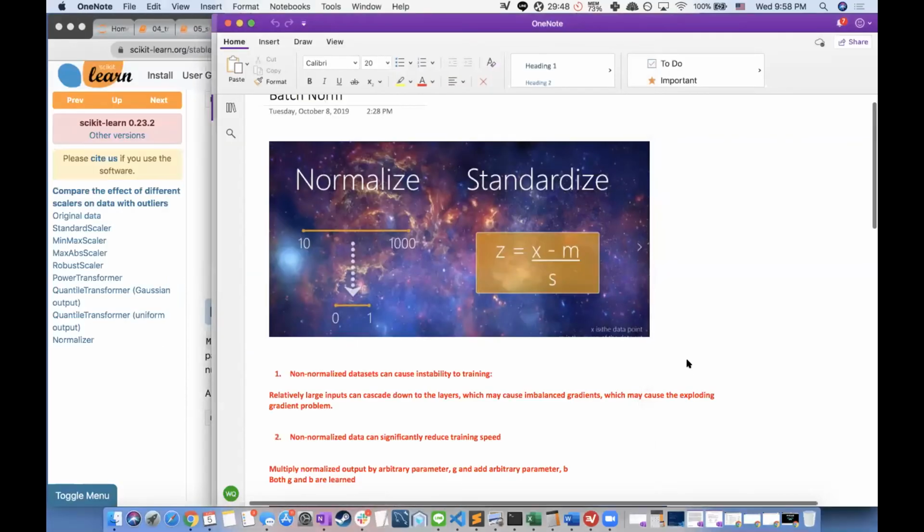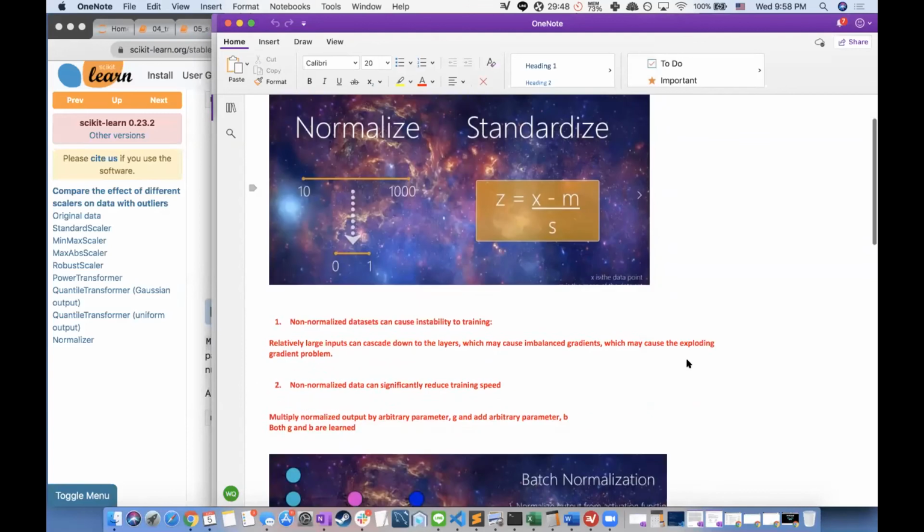I just want to talk about batch norm because that's also one of the ways, I guess probably the most important way, to scale for neural networks. So let me just talk, since we're talking about scaling. So this is batch norm.